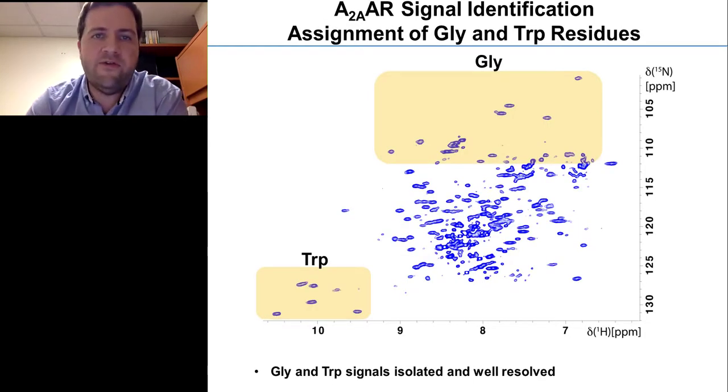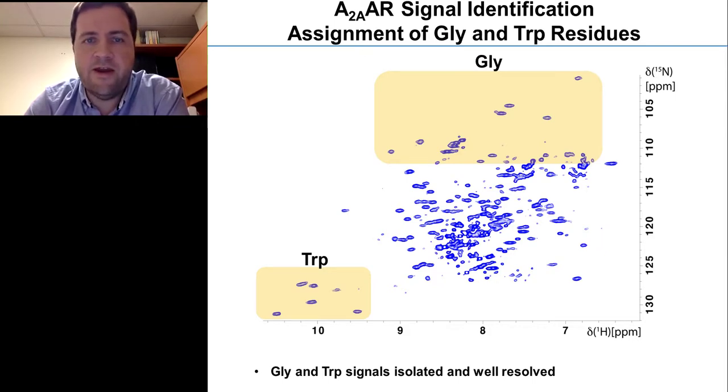Now that we have this nice NMR data of the adenosine A2A receptor, we want to identify and assign some of those well-resolved signals. Each one of those signals is arising from an individual proton-nitrogen pair.